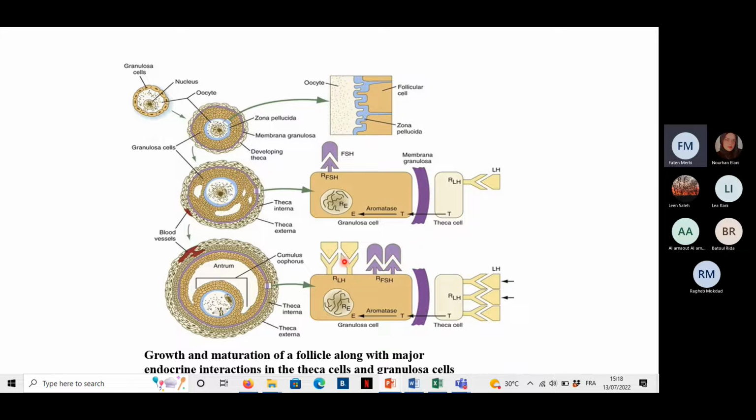Because at the ovulation, they can bind the LH, and this binding to the LH will induce modifications in the oocyte that will resume its meiosis and also will lead to the ovulation, okay, and other modifications at the level of the ovarian follicle that we will see just now, okay.